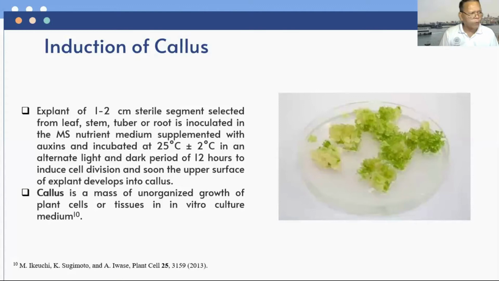Plant callus, plural calli, is a growing mass of unorganized plant parenchyma cells. Explants of 1 up to 2 cm sterile segments selected from leaf, stem, tuber, or root are inoculated in the MS nutrient medium supplemented with auxin and incubated at 25 degrees Celsius in an alternate light and dark period of 12 hours to induce cell division, and soon the upper surface of the explant develops into callus.